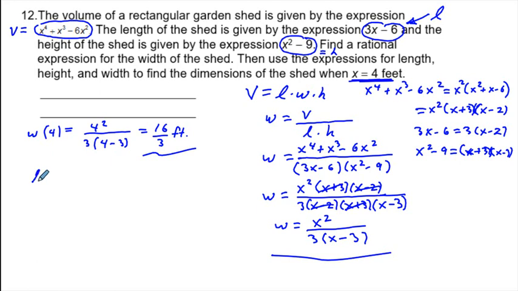Now for the length, substituting in 4, we would have our length being 3 times 4 minus 6, let me get this right, length of 4 equals 3 times 4 minus 6.